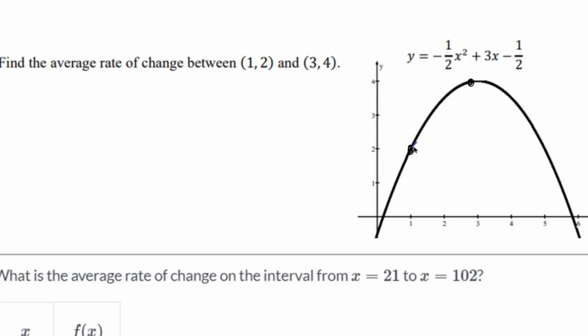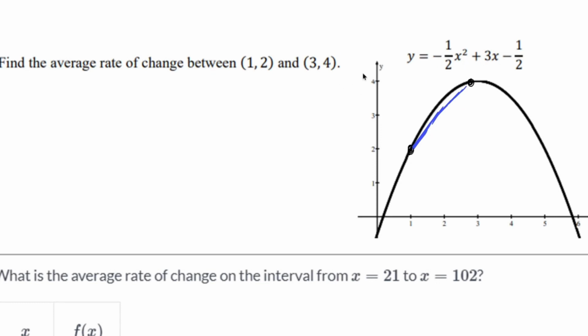The average rate of change represents the straight line slope from one point to the other. Keep in mind, this is concave down, which means the rate of change is decreasing. Right now we're at its fastest, and this is starting to slow down pretty significantly. I need to find the average rate of change for that.